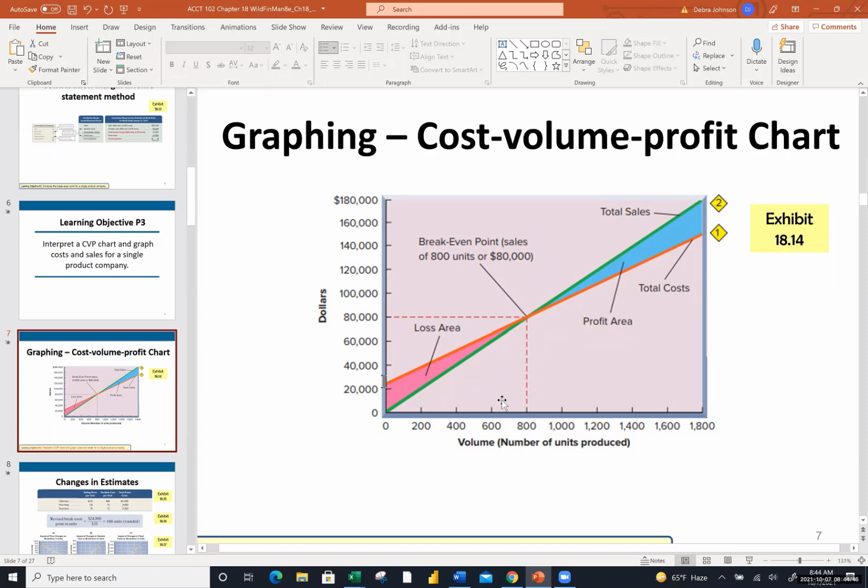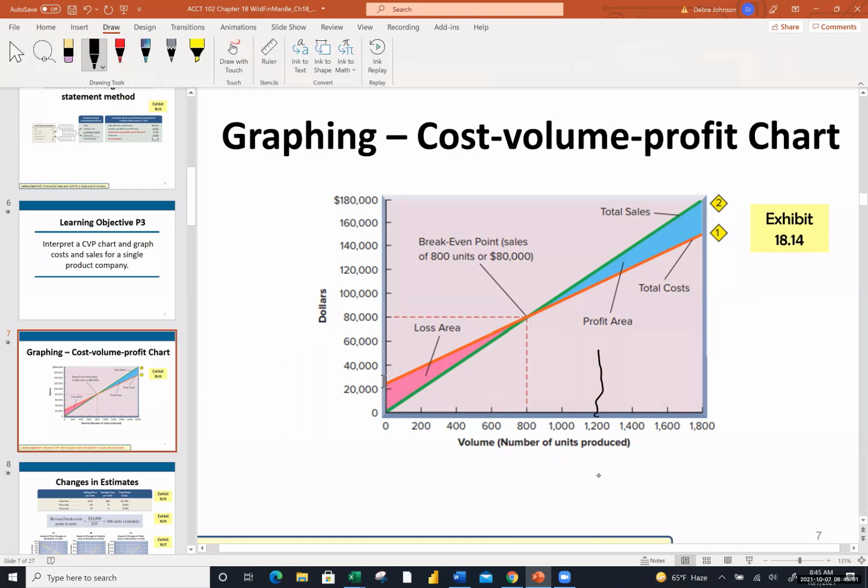And if I asked you to measure profit by looking at a chart, you would come up to whatever level, I'm just pulling this out of the air, at 1,200 units. If you take a ruler, you could go up and there would be the revenues and here would be the expenses, and the profit would be the difference between those 2 lines.